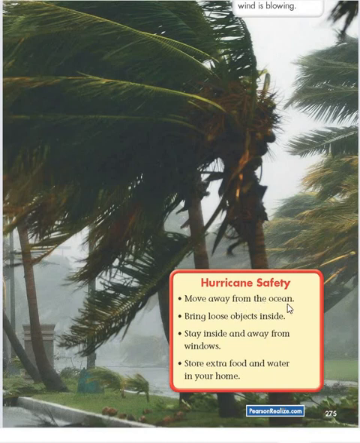Move away from the ocean, because it starts from the ocean, not from the clouds like the tornado. Bring loose objects inside. Again, loose objects means objects that can be easily broken. Stay inside and away from windows. Store food and water in your home.